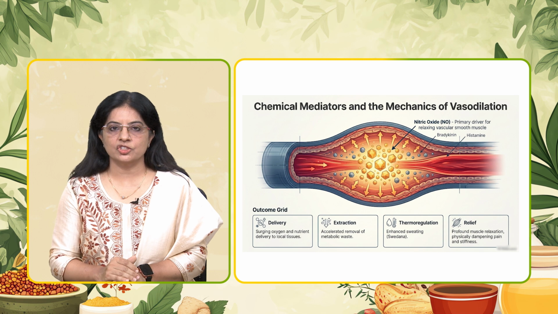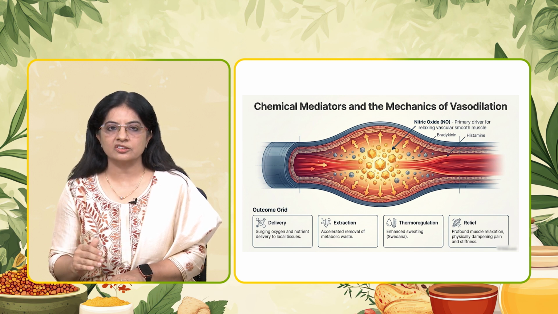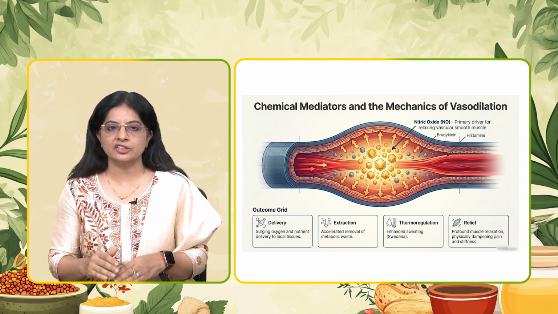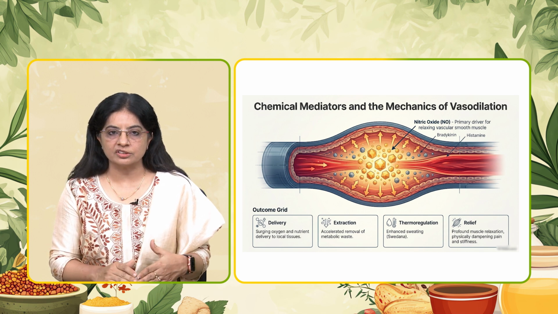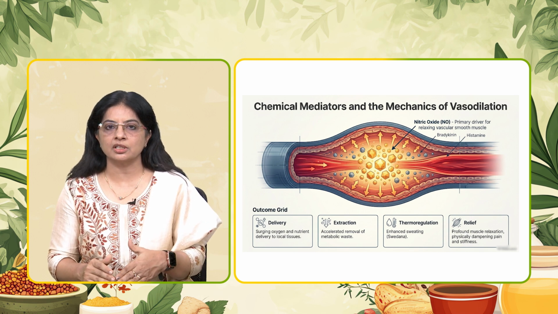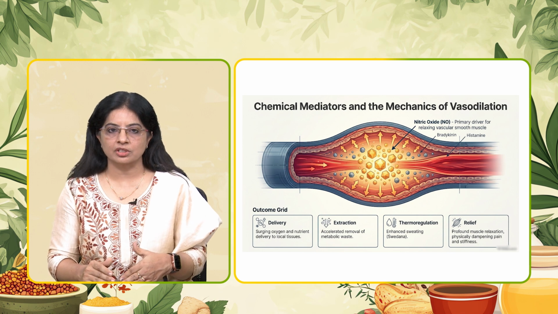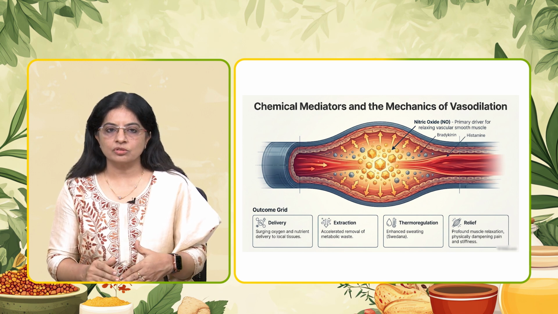At the local tissue level, heat can cause the release of vasodilator substances such as nitric oxide, bradykinin and histamine. Among these three, nitric oxide plays a major role in relaxing the vascular smooth muscles, especially in the arterioles, which results in vasodilatation.